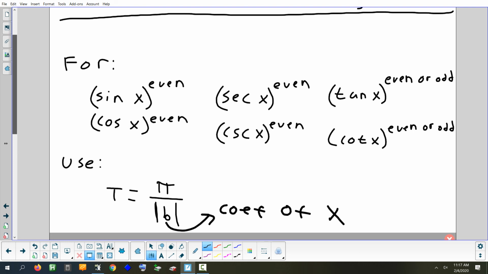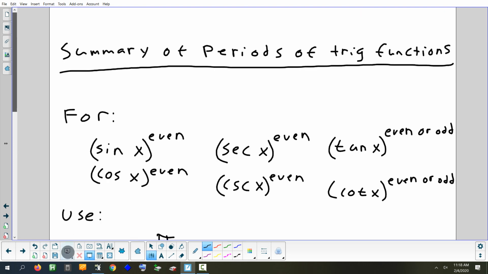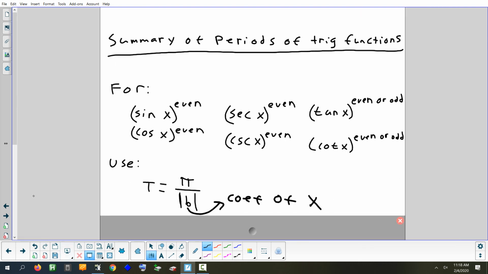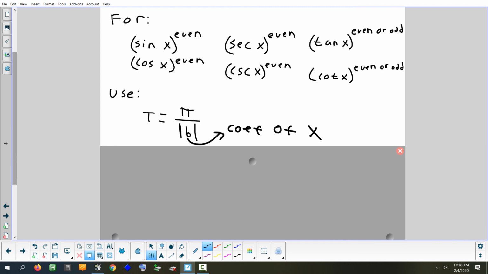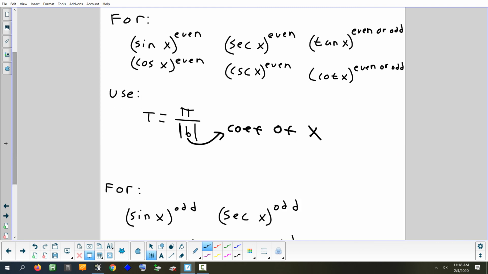So the other cases we have that aren't up here are sine to an odd power, cosine to an odd, secant and cosecant to an odd. If you have one of those cases, I have to wait because I can't really scroll down without making it really small.